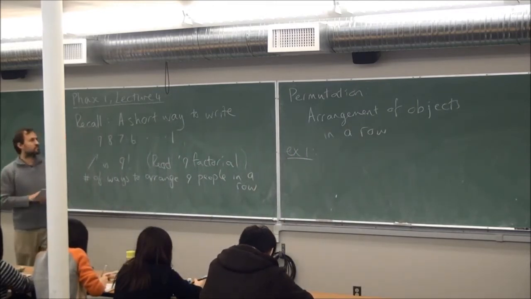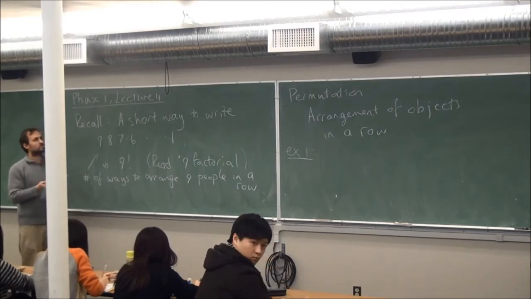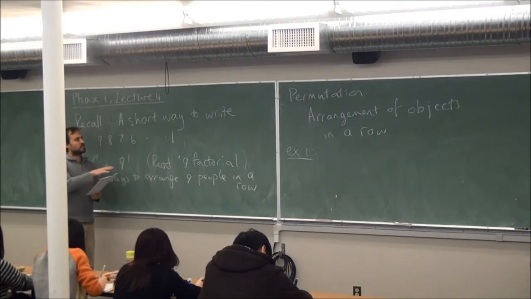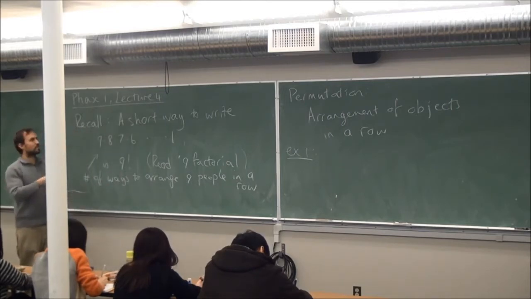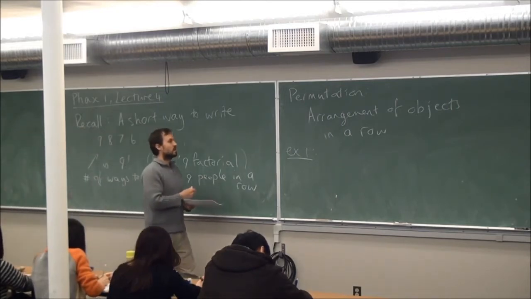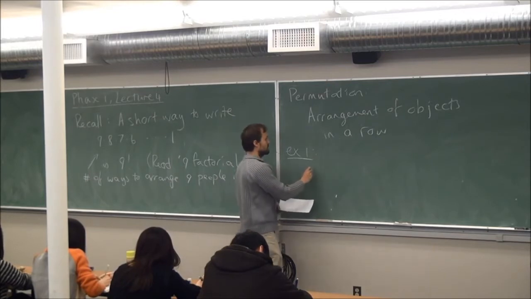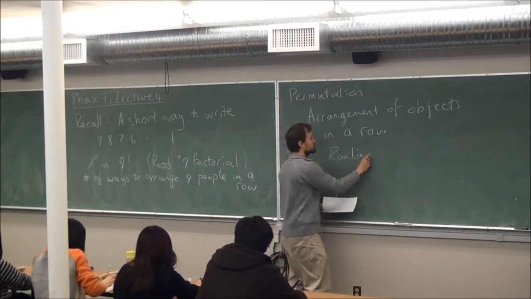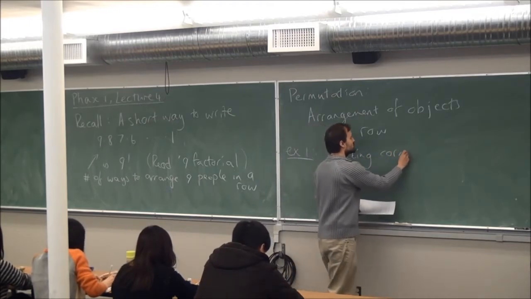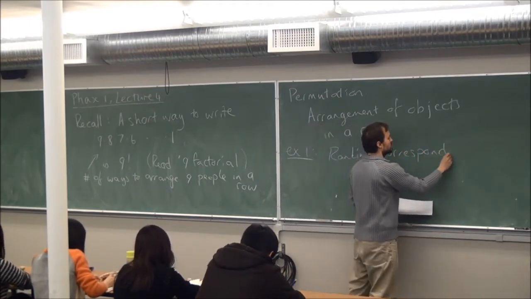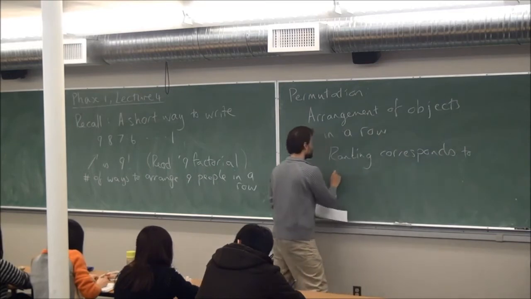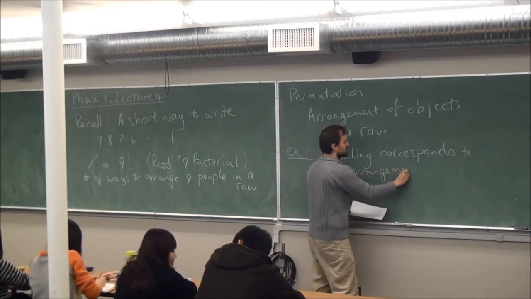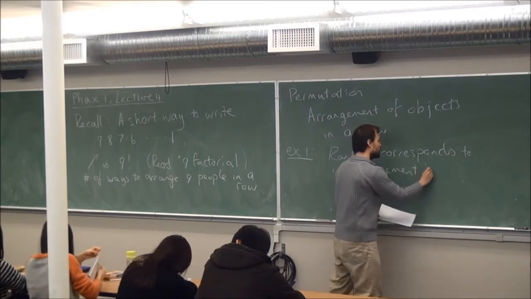So often I'm trying to answer a question, but I'm sort of transferring that to something equivalent. And in this case, a ranking corresponds to an arrangement in a row.